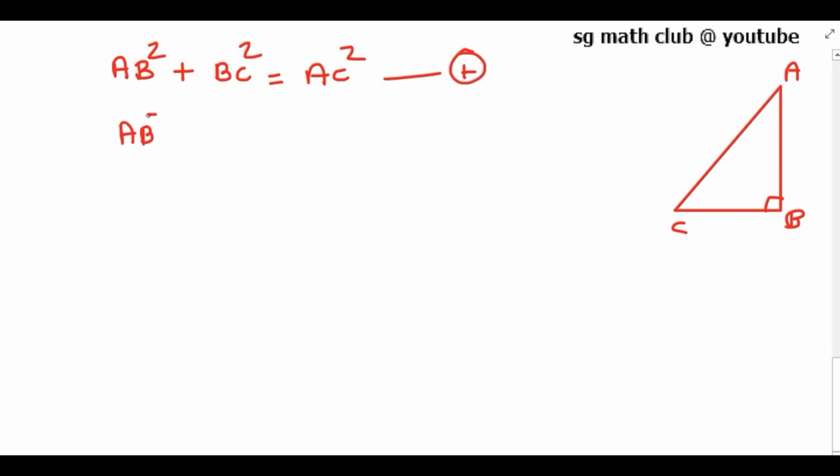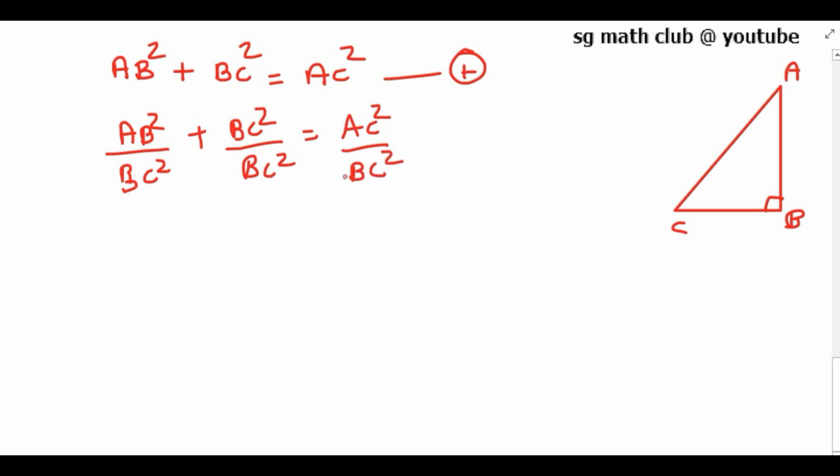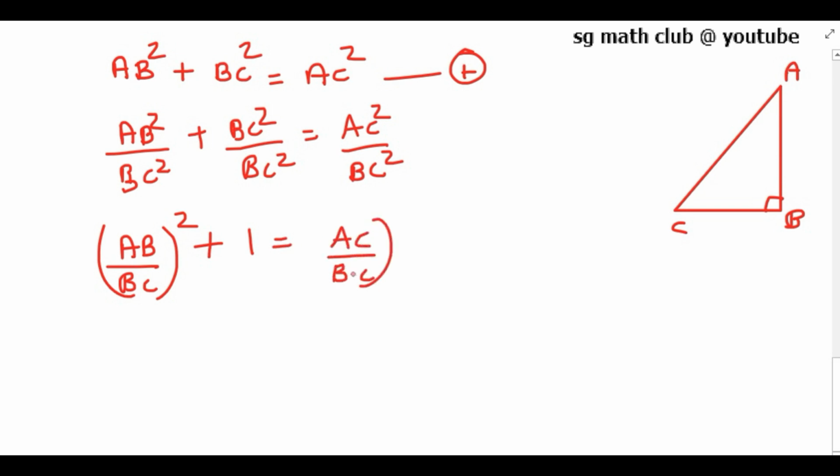So AB square divided by BC square plus BC square divided by BC square equal to AC square divided by BC square. So this is AB by BC the whole square plus BC square divided by BC square is 1, equal to AC by BC the whole square.